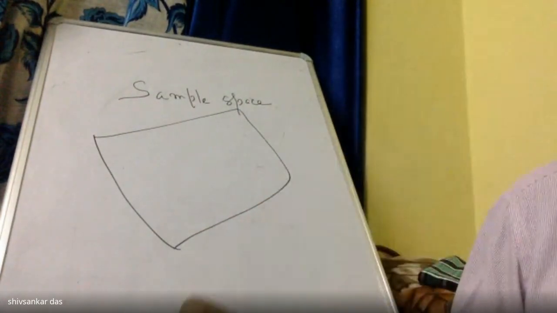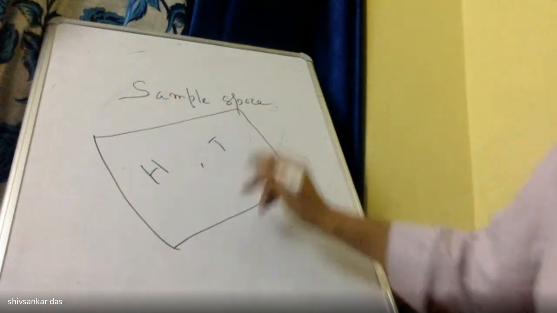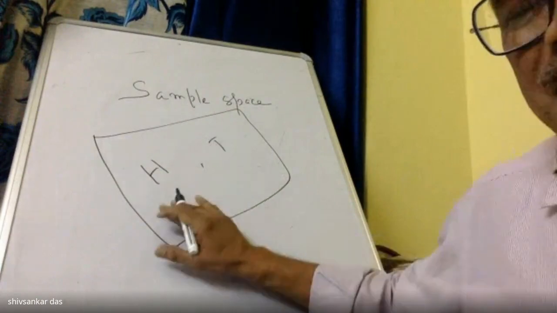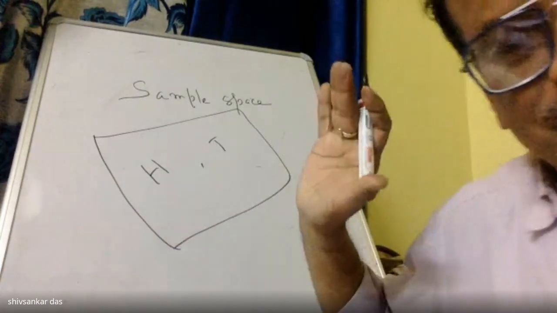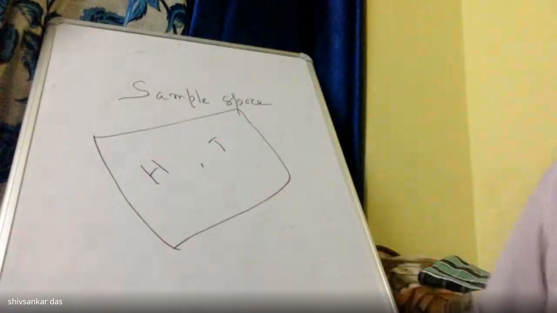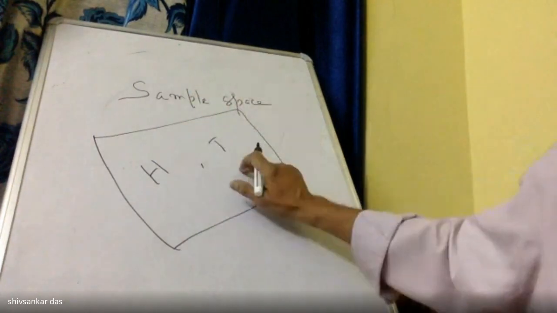Suppose I am tossing a coin, head will occur and tail will occur. So the sample space is occupied by one head and one tail. This is called the sample space, because of one tossing.